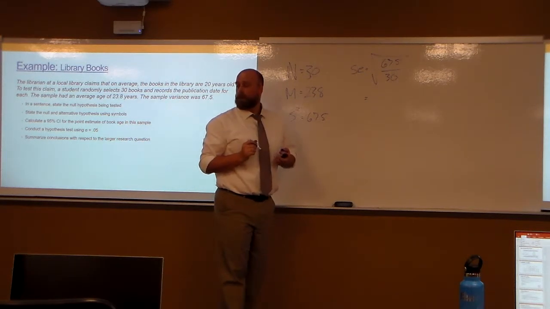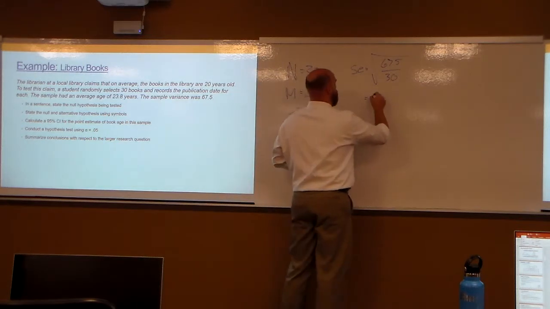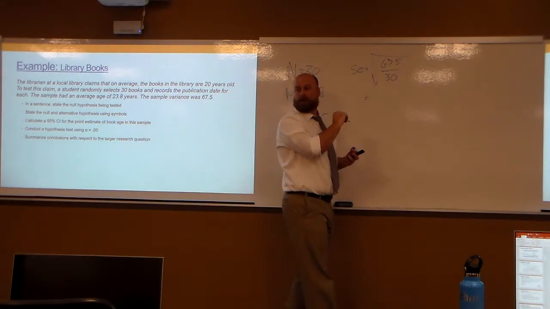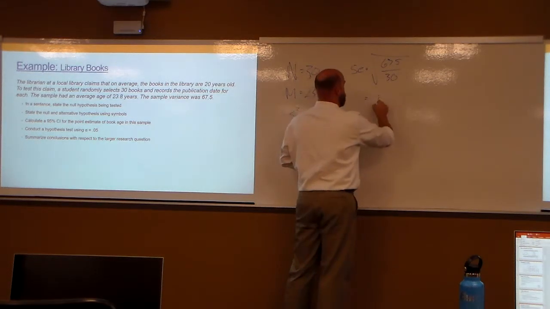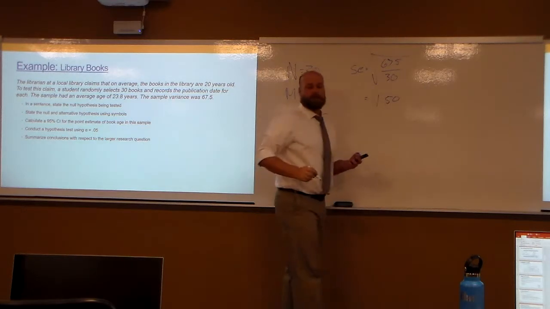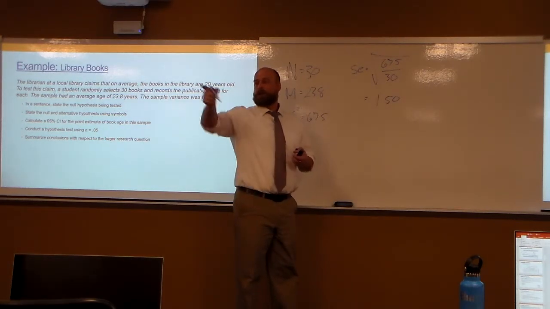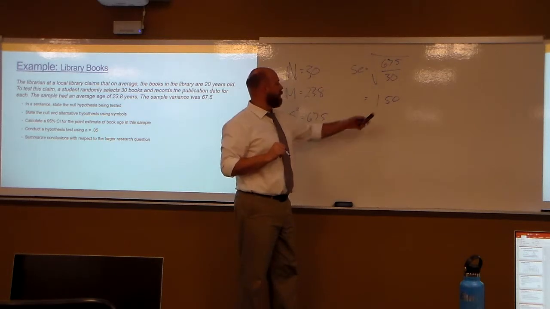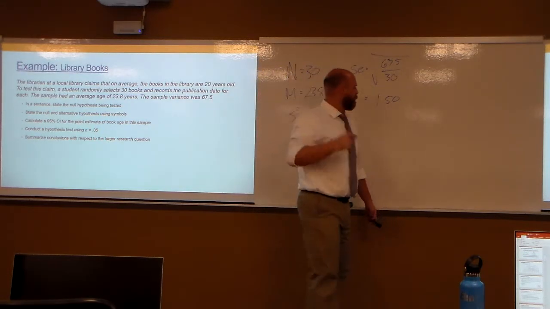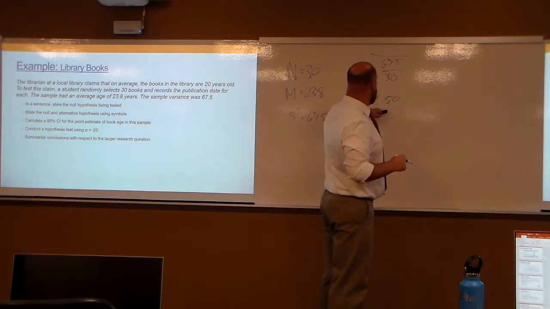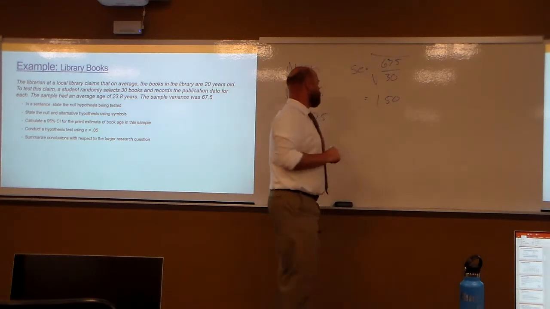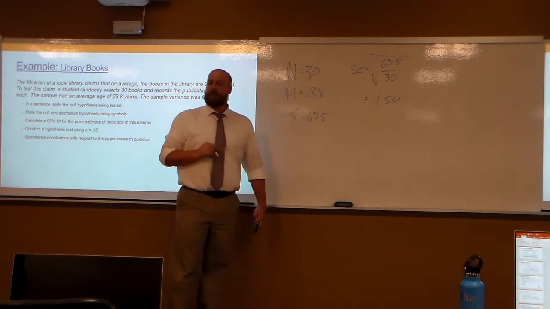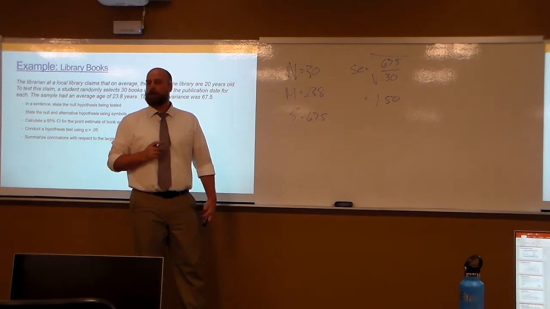What is it? 1.5? Is that what other people got? Chris, did you get that? Okay, cool. I think this works out to a whole number or even numbers, so that's good. All right, so I've got my standard error. What else do I need to calculate my confidence interval here?